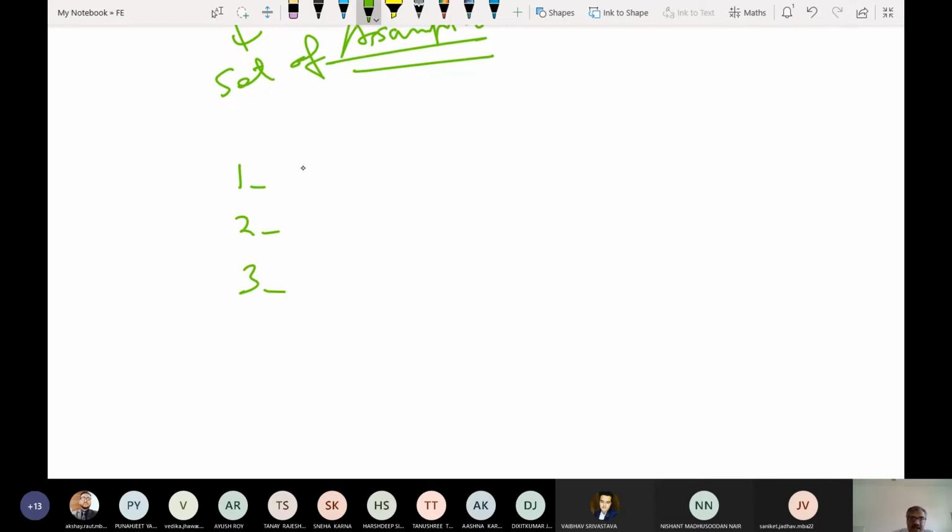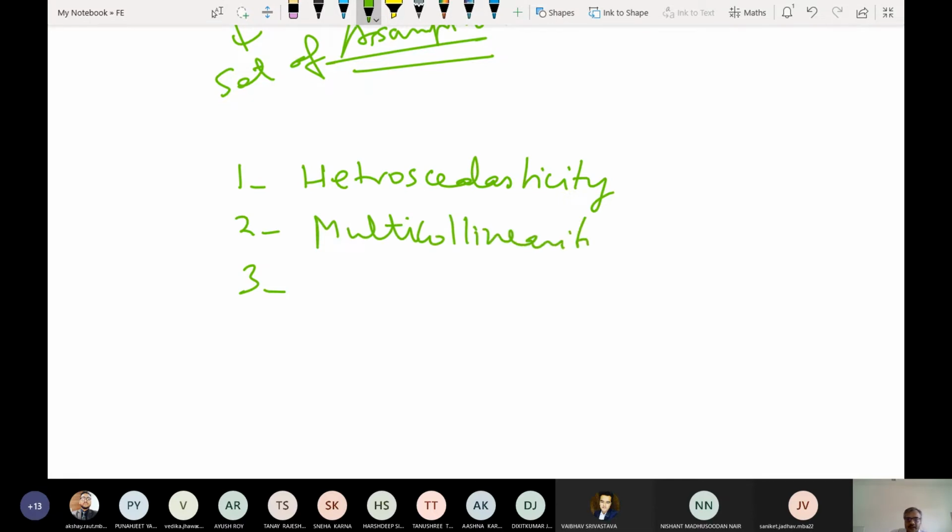First is known as heteroscedasticity. Pronunciation is slightly difficult, but gradually you will pick up. Heteroscedasticity. Then we also talk about multicollinearity. And the third thing is autocorrelation.